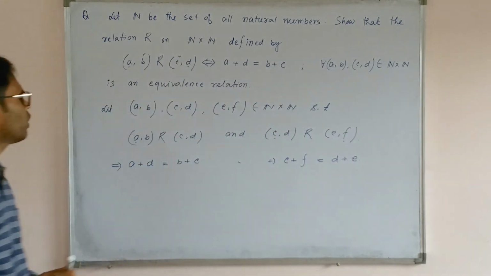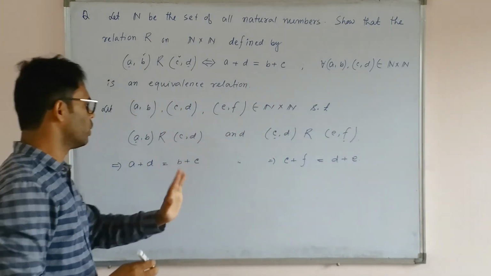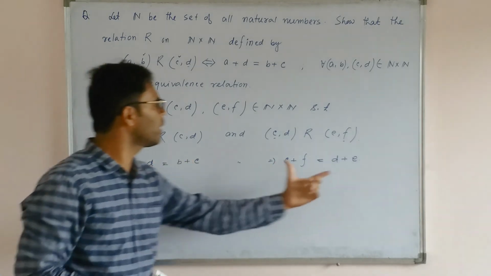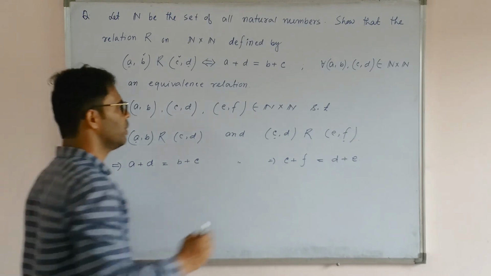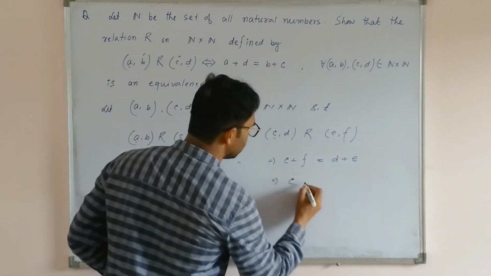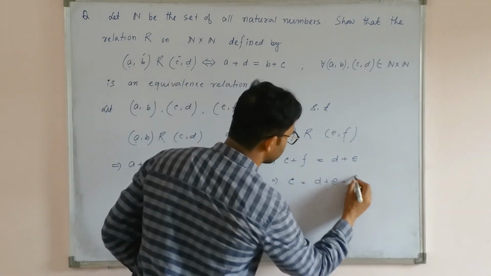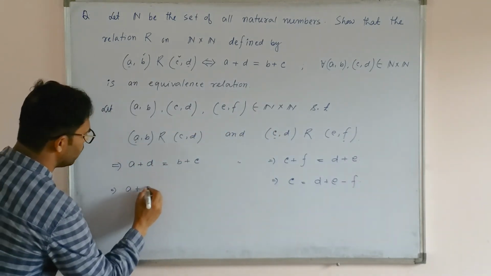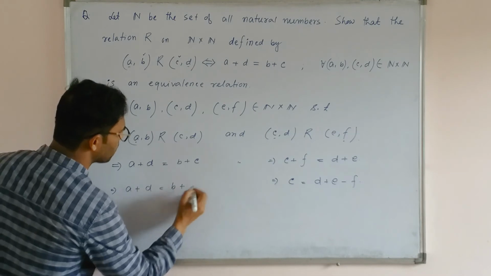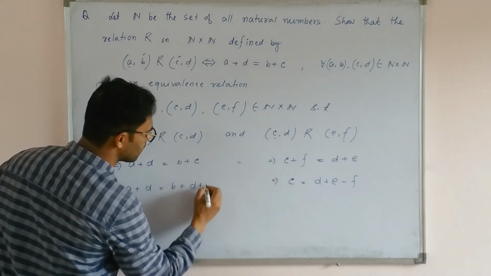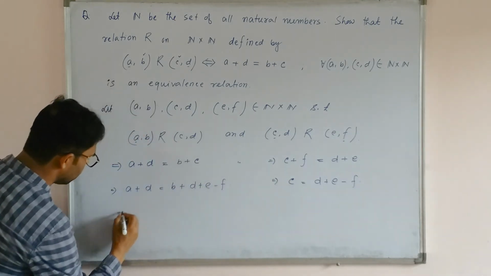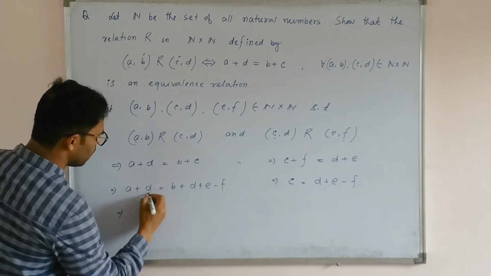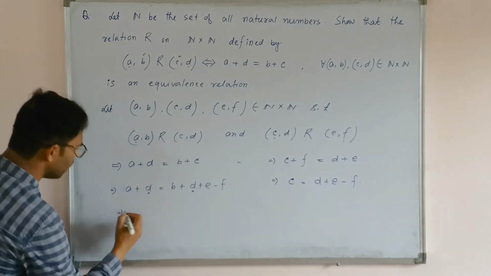Here you have to eliminate c and d. From the second equation, we can put c equal to d + e minus f. Using this result, a + d remains on the left, and b + c is equal to b + d + e minus f. The d will cancel out, and minus f will come to the left side.